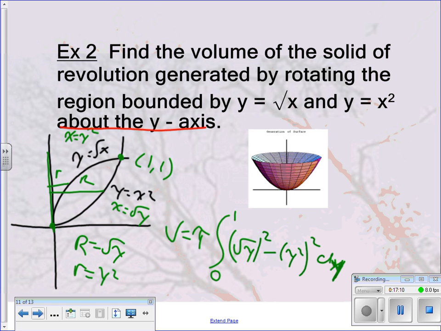If this is a non-calculator question, your answer is in terms of pi. If it is a calculator-based question, they will have both in terms of pi and a decimal. Does that make sense? They'll have both answers. This one, what'd you guys get, 0.3 pi?